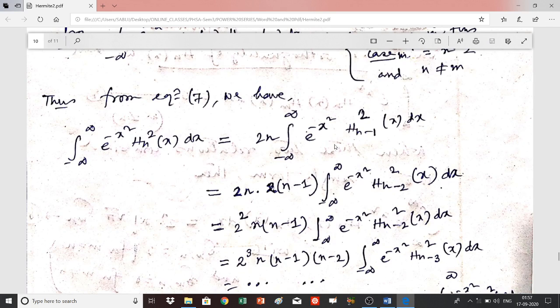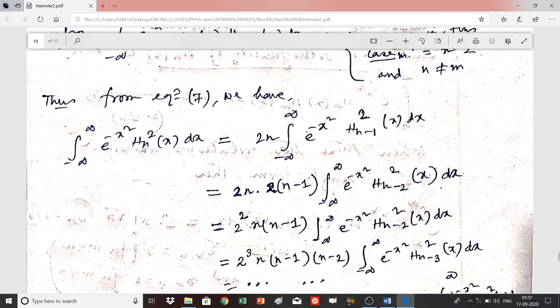So just look at this expression. On the left hand side, it is the integral of e to the minus x square Hn square x dx, that is equal to 2n times this. So here 2n is multiplied, and then e to the minus x square is here, and Hn square is changed to Hn minus 1 square, that is, n is lowered by 1.